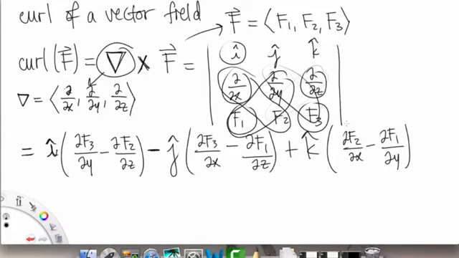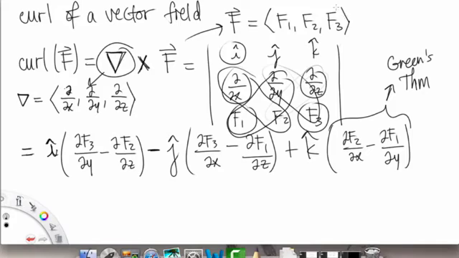If you noticed anything familiar, it would probably be this last term here. This appears in Green's theorem. Remember how I was saying that Stokes' theorem is a generalization of Green's theorem?